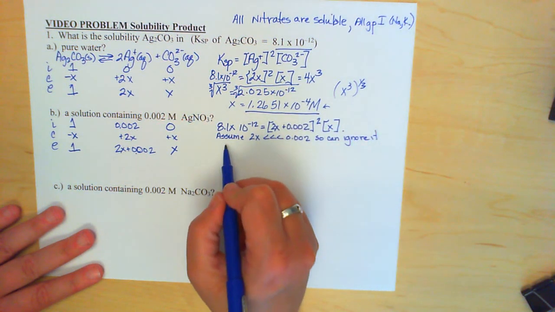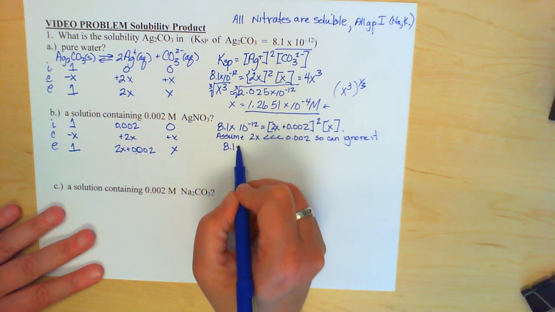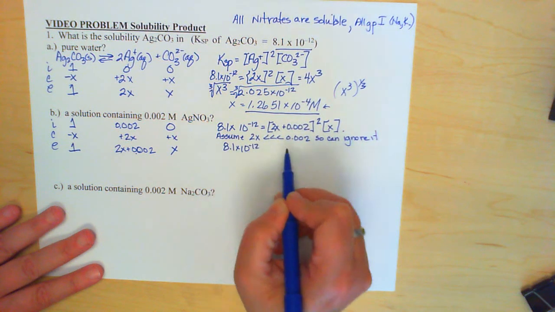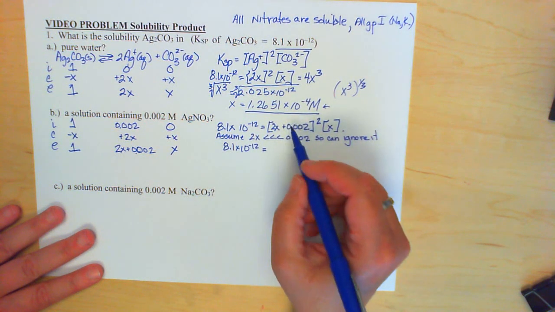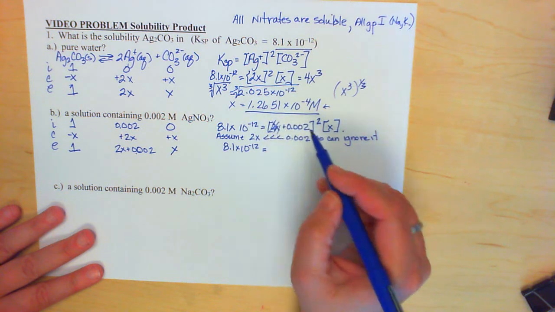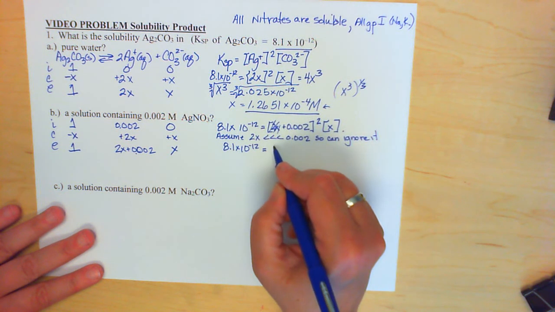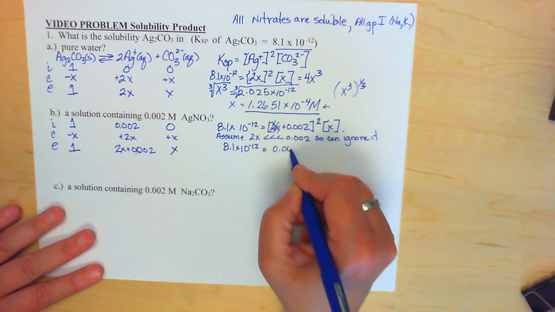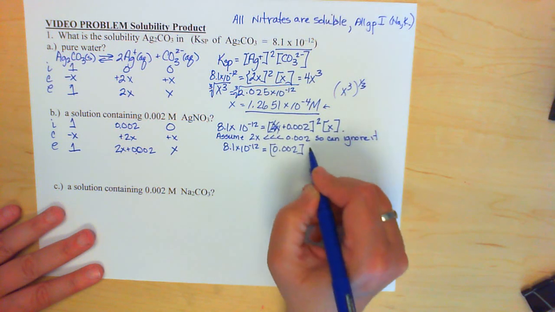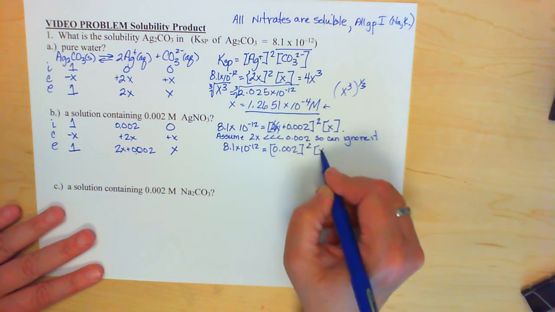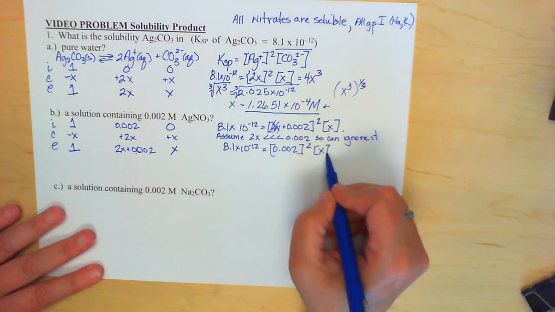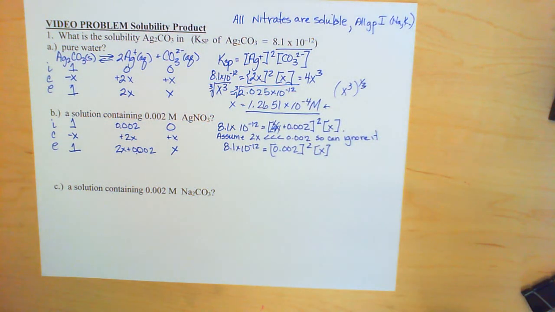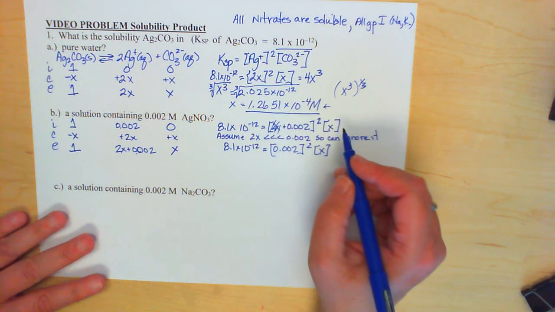So that means that 8.1 times 10 to the minus 12th is equal to, when we eliminate it, we're going to pull it out, so we're going to have 0.002 squared times x. Now, we made our math a whole lot easier on this one.